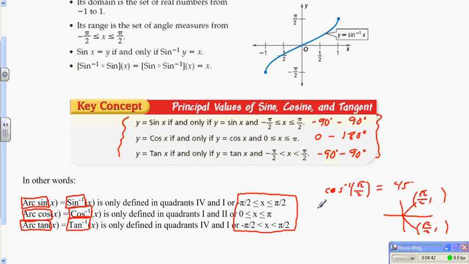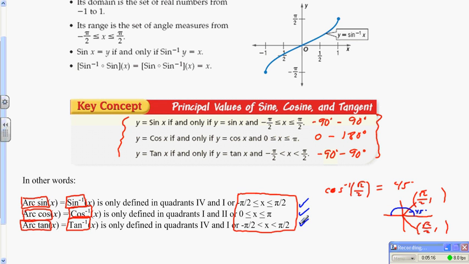Which one do you take? There are two possible answers. That wouldn't be a function then. If you could have two possible answers, it wouldn't pass the vertical line test, or in this case, the horizontal line test. That's why they limit cosine between 0 and pi. So you would take the 45 degrees only. We limit ourselves when they tell us they're doing the inverse functions. When we get our answers, we have to double check that they satisfy this criteria.